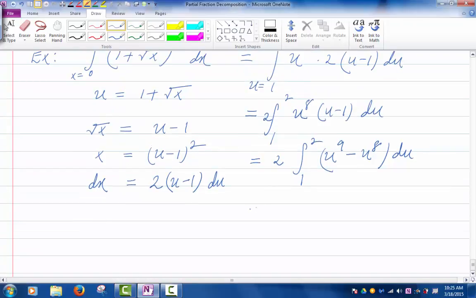And then, what is that equal to? u to the 10 over 10 minus u to the 9 over 9, evaluated from 2 to 1.